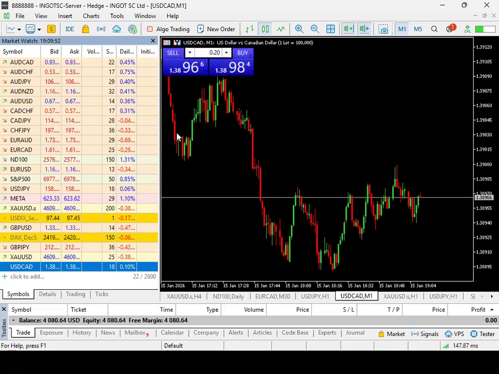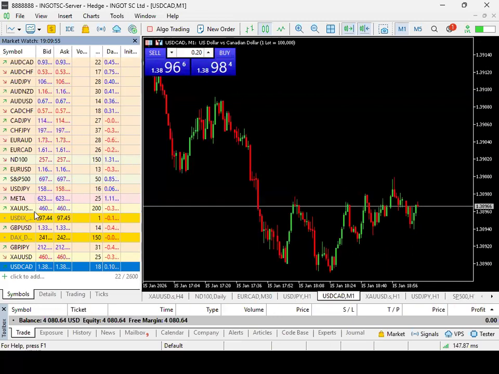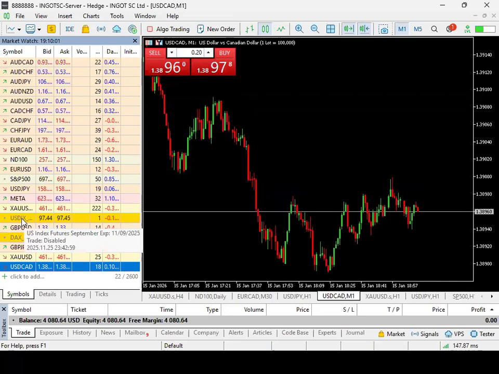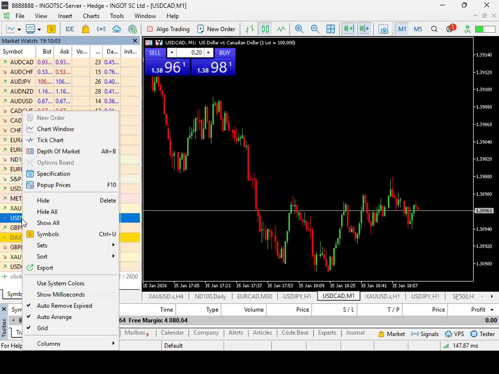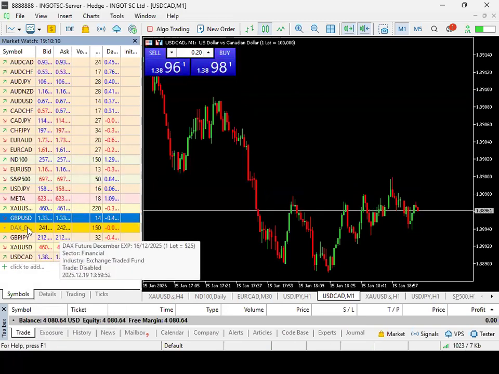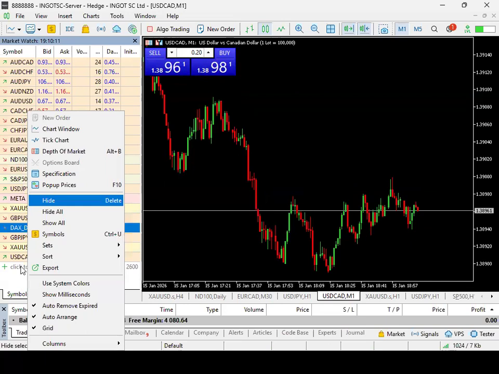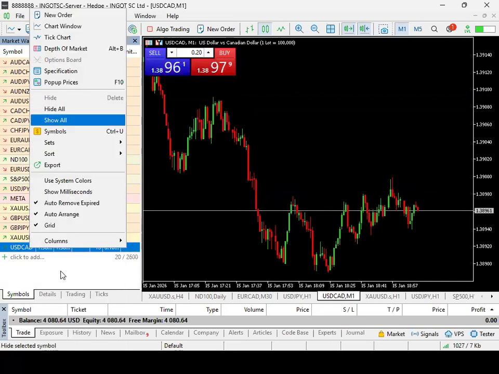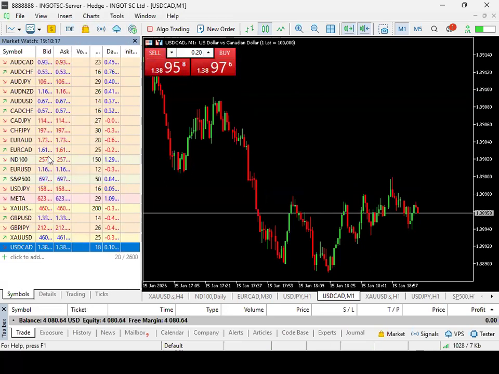All right. So this is the market watch. I think there's nothing much about the market watch. Oh, if you want to remove something, you just right click over there. You get something like that. Then you say hide. Whatever you clicked, you're hiding. I want to hide this one. Hide. It disappears. Okay. The USD CAD that we added, I click hide. It's just going to disappear.